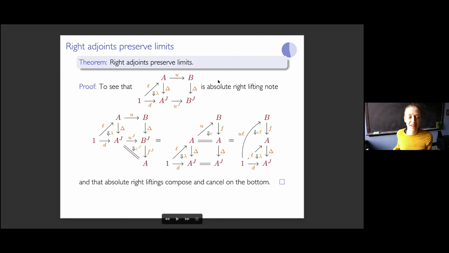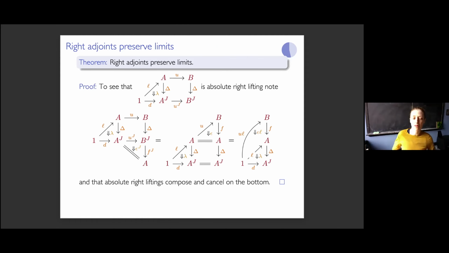So if you accept those encodings of adjunction and limit and colimit, then it's quite easy to show that right adjoints preserve limits. There's a graphical proof that essentially these absolute right lifting diagrams can be composed vertically and canceled from the bottom.